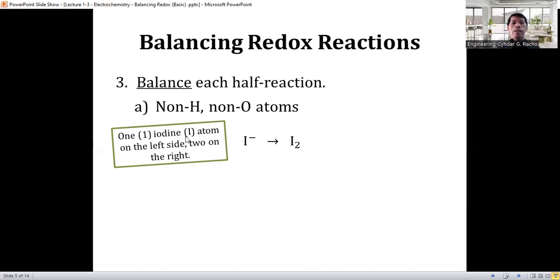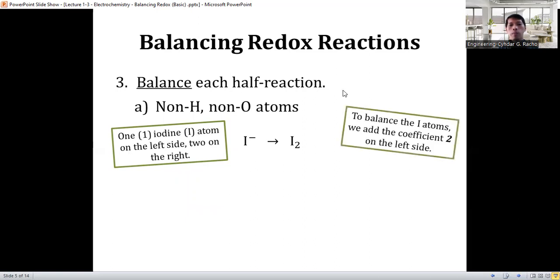We have 1 iodine atom on the left side and 2 on the right. So we need to balance that one. To balance, we add the coefficient 2 here. So 2 on your left side and 2 on your right side.